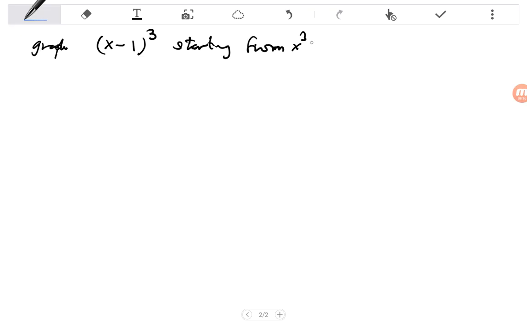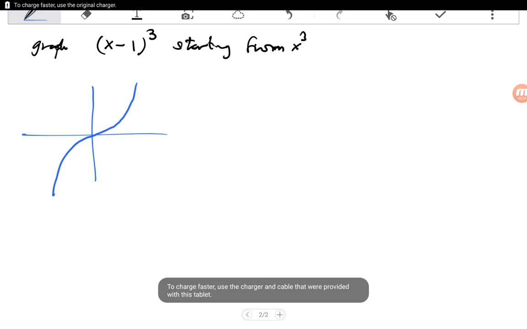Now, the starting function is x cubed. Can I make a graph of x cubed? Yes, I've learned how to graph any of the power functions. What is the graph of x cubed? Do you remember? It is like this. That is the graph of x cubed.